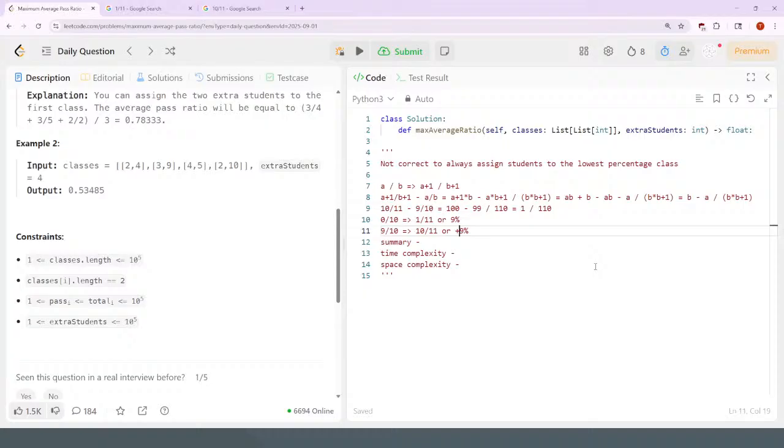So when you assign to the class with the lowest denominator, assuming that the class is not full, not 100% passing, 9 out of 10 to 10 out of 11 versus 0 out of 10 to 1 out of 11. What's going on here?